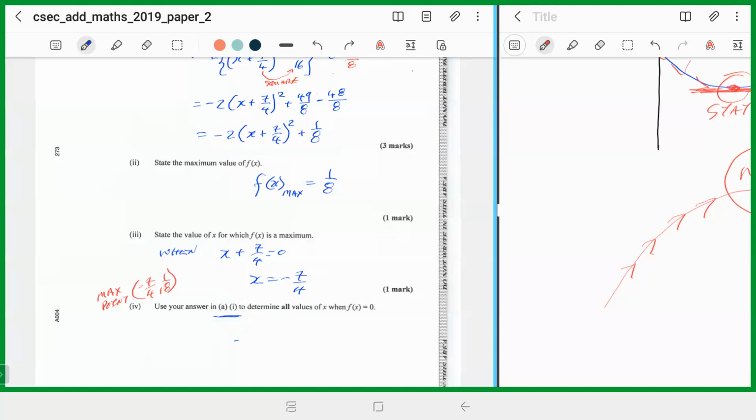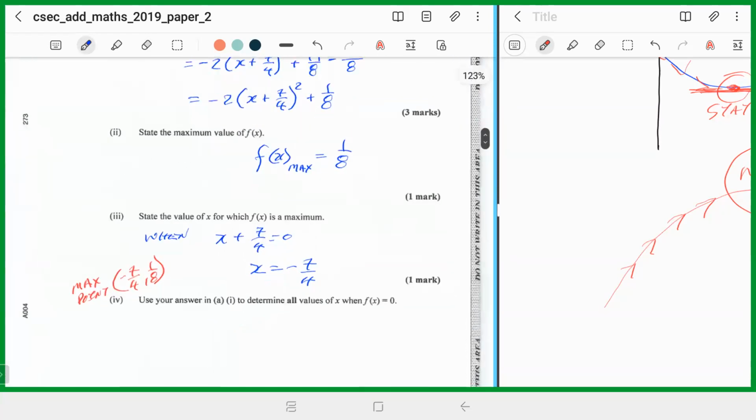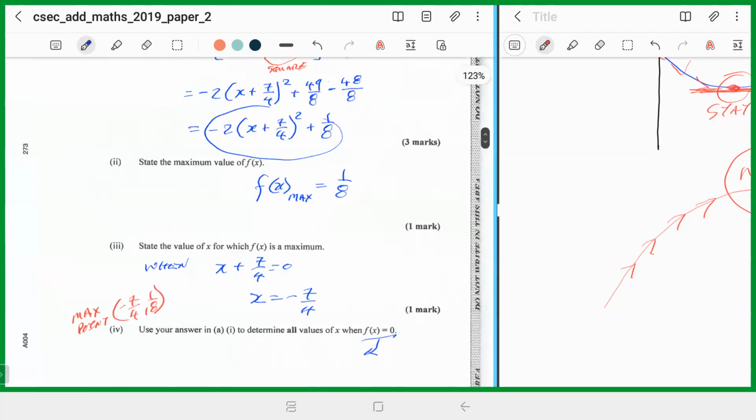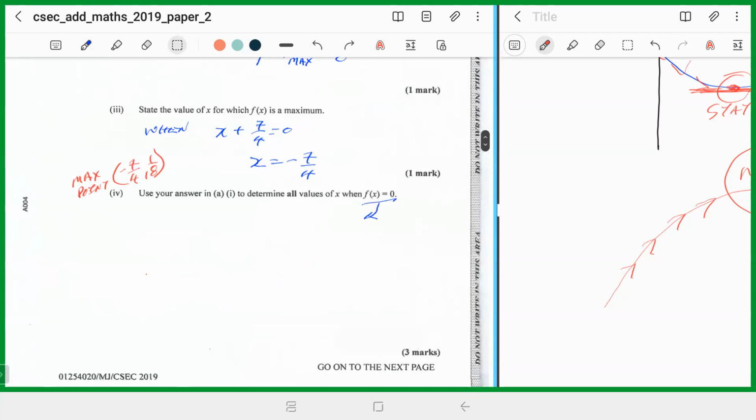So to solve this, we're going to put the function after we complete the square equals 0, which is this. You can just literally copy it now, and put it equals 0 down here.